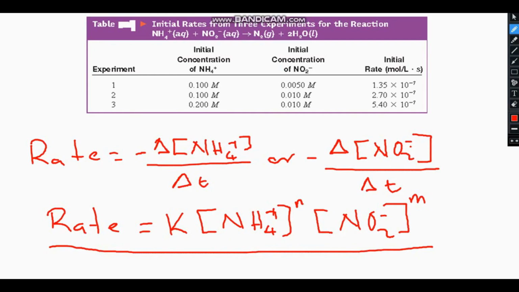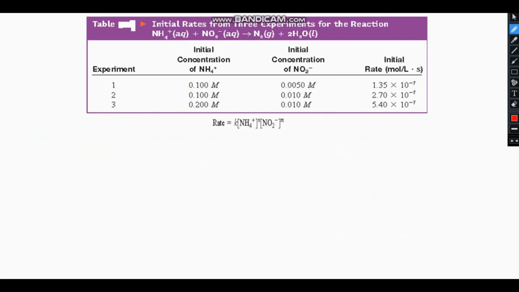You'll notice that the initial concentration was maintained, but they changed the initial concentration of NO2 minus. So we can use these two experiments to determine the value of m, because n can easily simplify when it comes to plugging in these values. So let us demonstrate what we mean. So we'll calculate the value of n and the value of m. So let us use experiment 1 and experiment 2 to calculate the value of m.